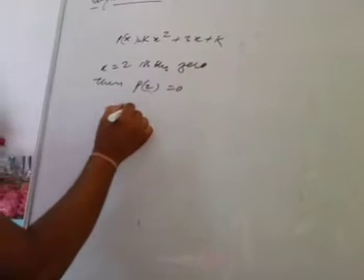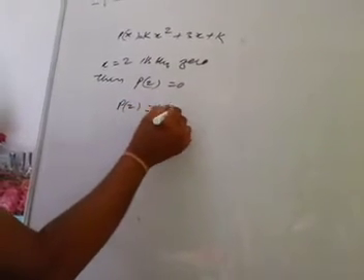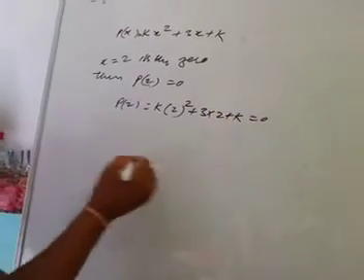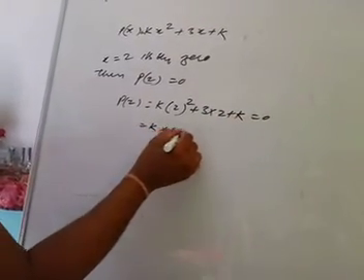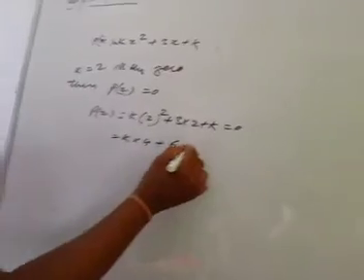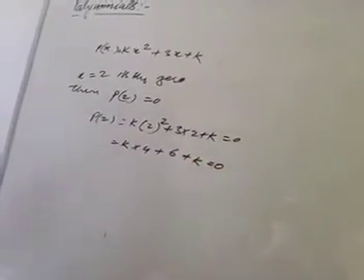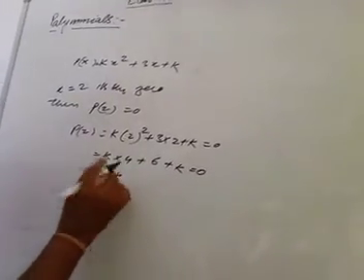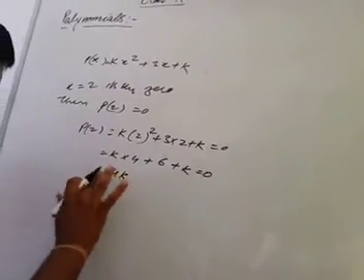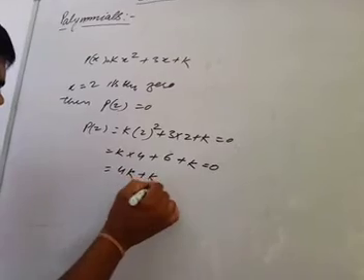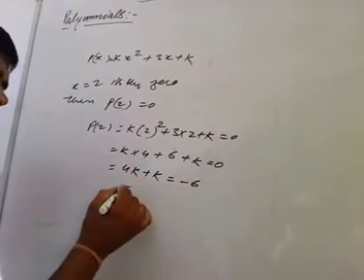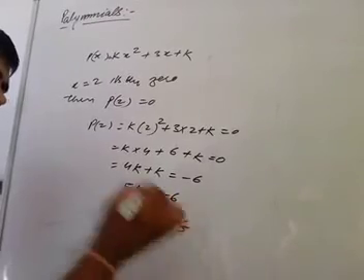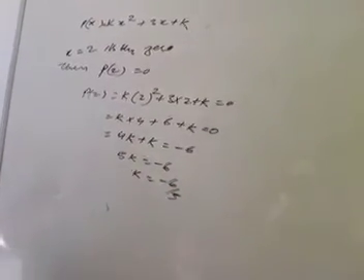Now find p2: k into 2 square plus 3 into 2 plus k equal to 0. We get k into 4 plus 6 plus k equal to 0. We get 4k and k will be equal to minus 6, means 5k is minus 6, so k will be minus 6 upon 5 if 2 is the zero of the given polynomial.